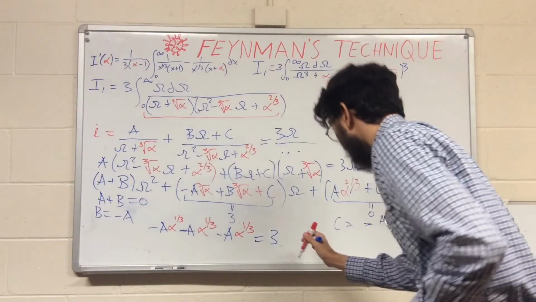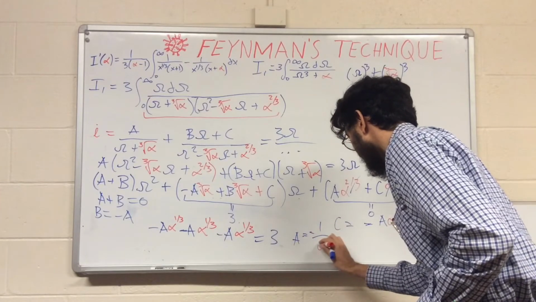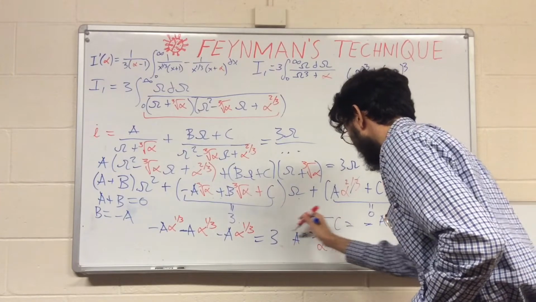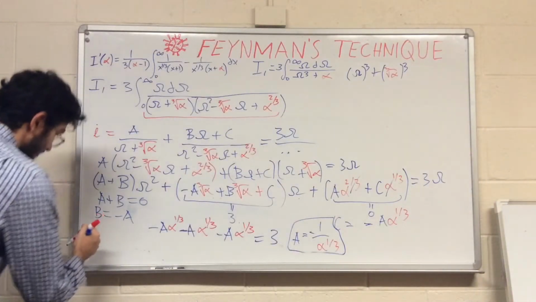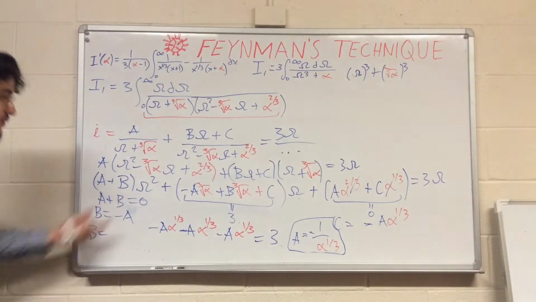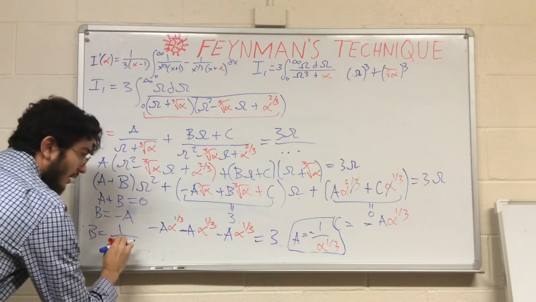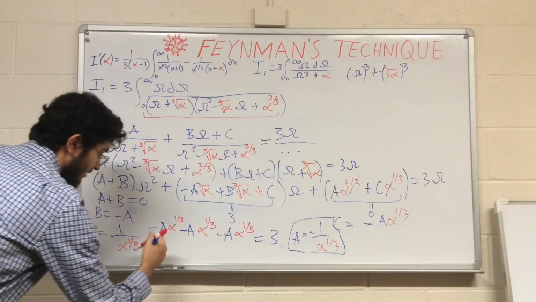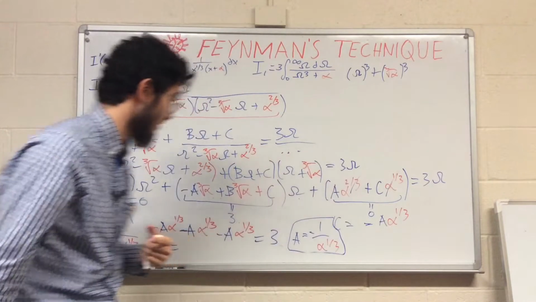We get that A is nothing but minus 1 over alpha to the 1/3. Now let's find B. B is minus the negative of A, which is 1 over alpha to the 1/3.